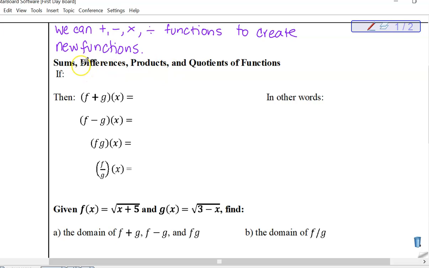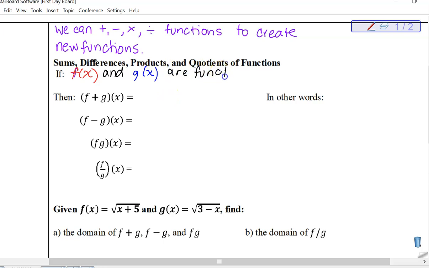If f of x, and g of x in blue, are functions.